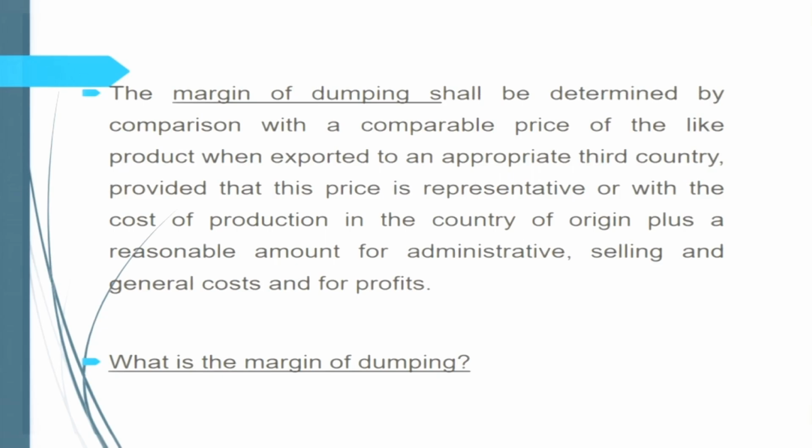Then we will not say that there is a practice of dumping, but we will say that an export subsidy is being provided. So, the matter will be taken under a different agreement under the WTO, covered under subsidies given for export promotion.